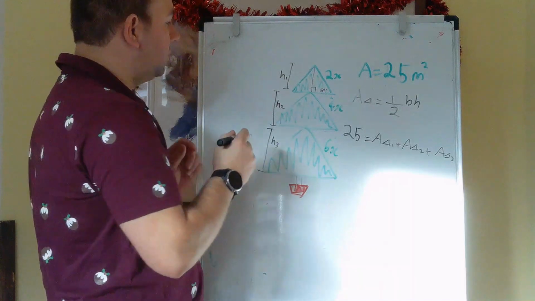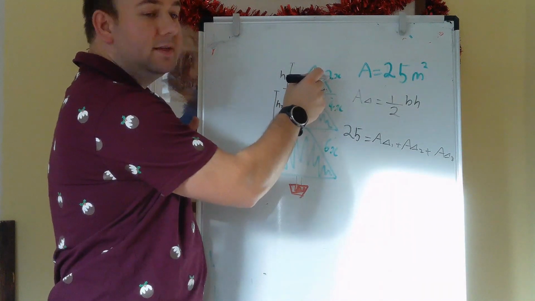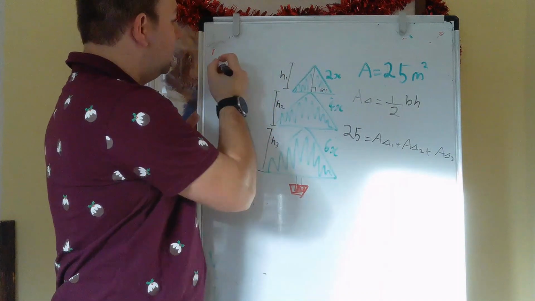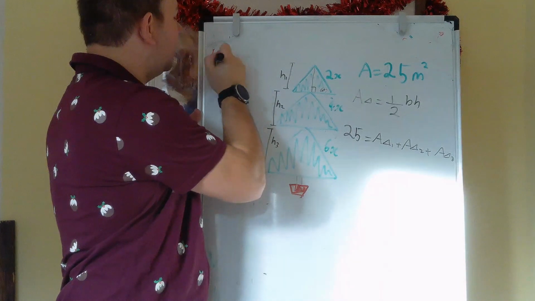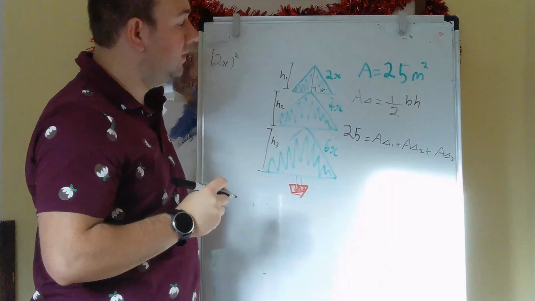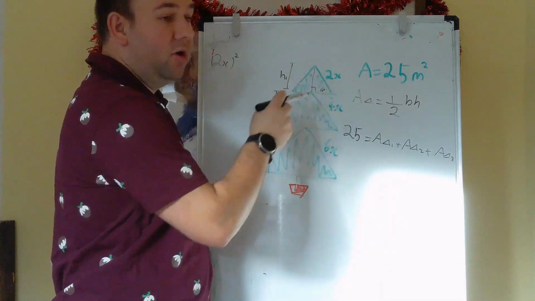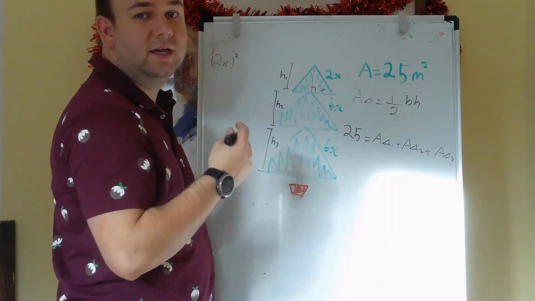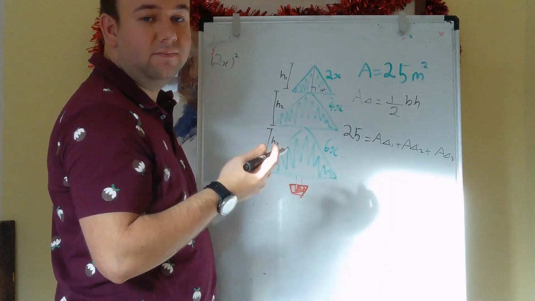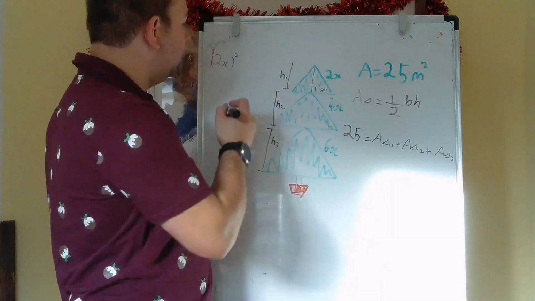If we start with the first one, we know the hypotenuse here is 2x. So we're going to start off with 2x all squared, because in Pythagoras' theorem the hypotenuse, normally denoted c, c squared, is equal to the sum of the squares of the other 2 sides.